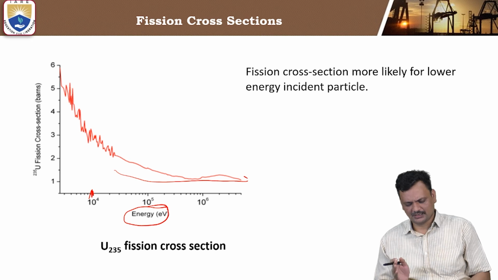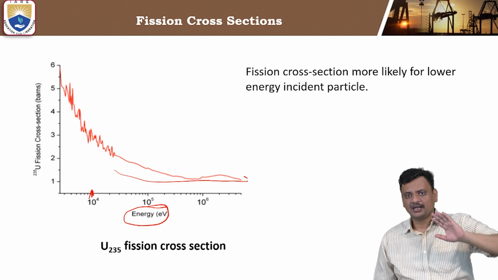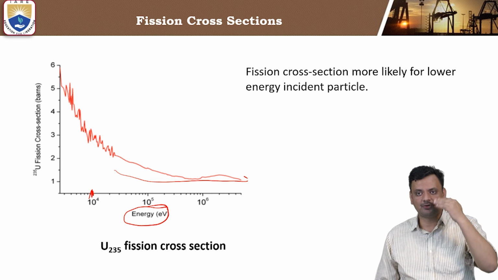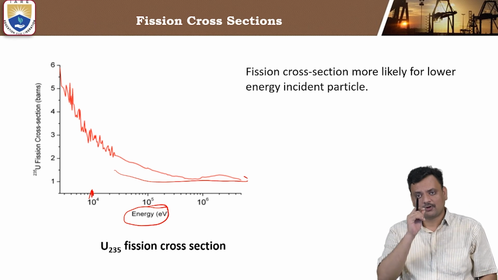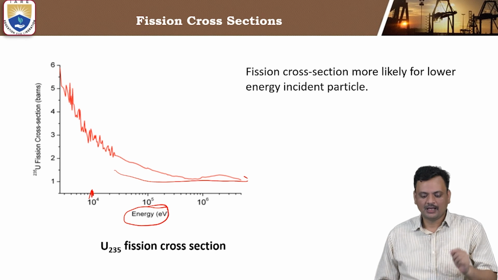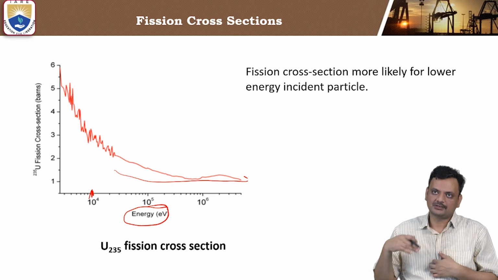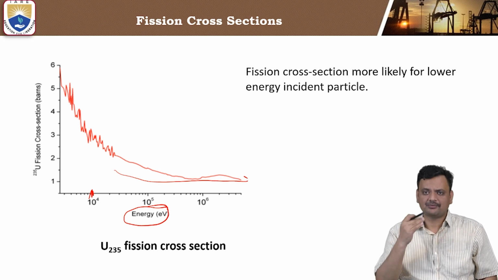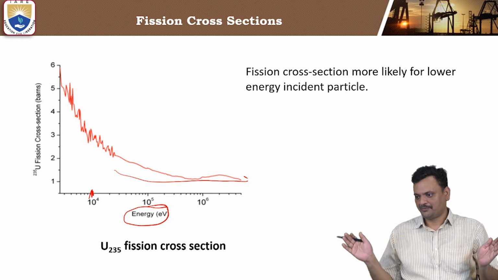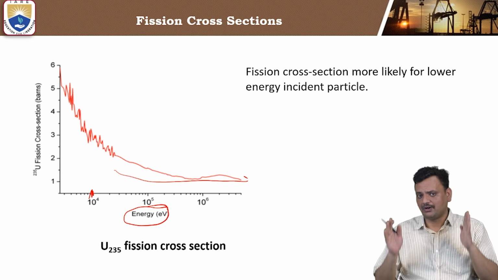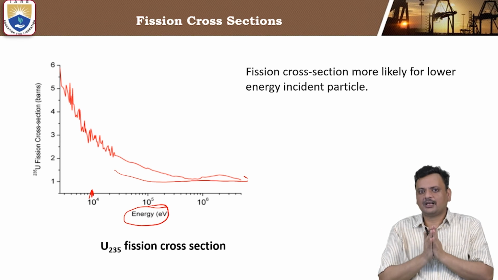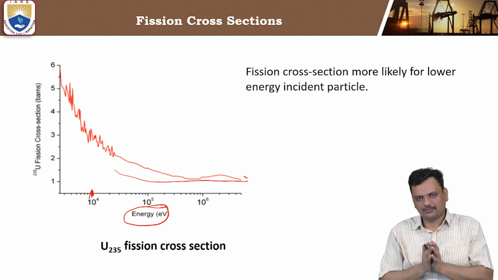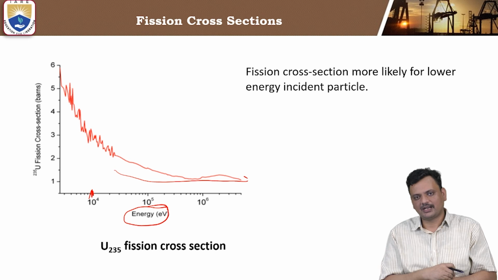I already told that fission is more probable for a slow moving neutron or slow moving incident particle. But if the incident particle velocity is too high, then there are fewer chances for fission. Fission is one of the most important processes for getting nuclear energy.